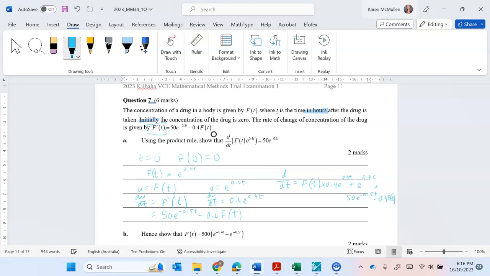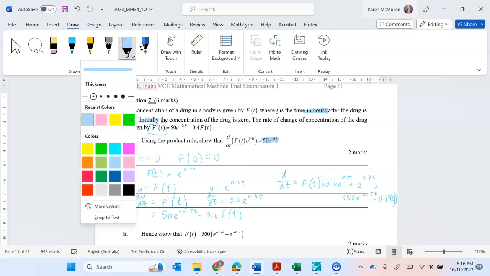f of t. All right, so what we want to end up with is this. So I know that we're going to have to be doing some cancelling somewhere along the line. And I also should put this in brackets because it's multiplying the whole thing. All right, so multiplying, now it's a bit hard to see. Let me just highlight this in something that I can still see.